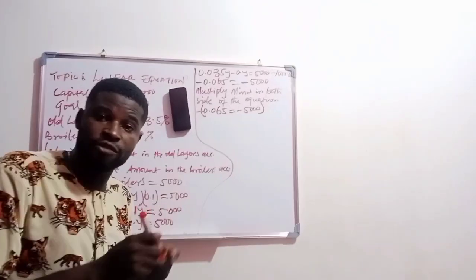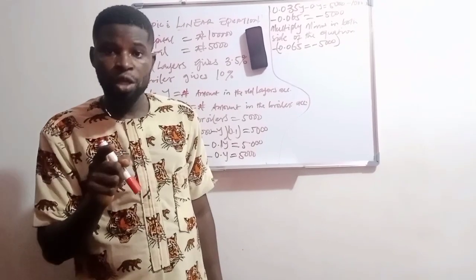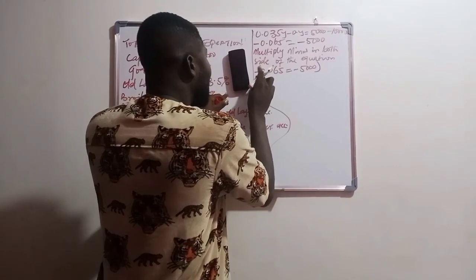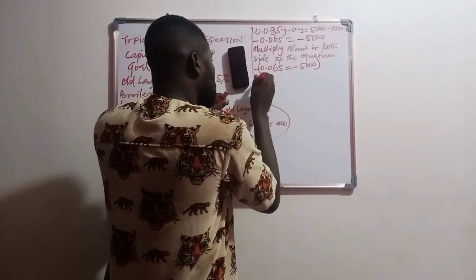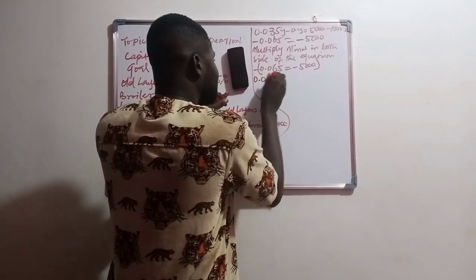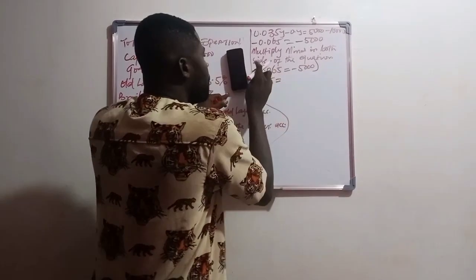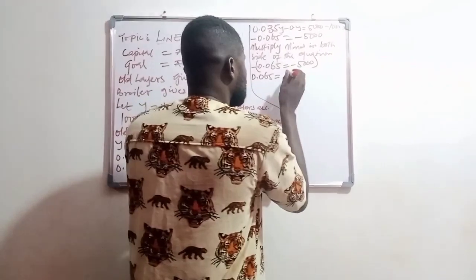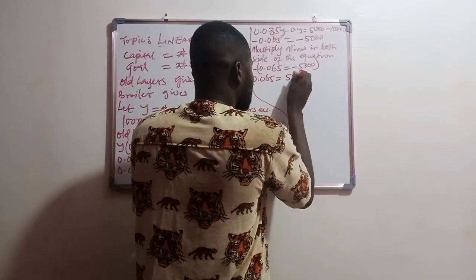Minus gives us a plus, plus gives us a plus, and minus plus gives us a minus. Now, minus will give us a plus, which is equivalent to 0.065y equal to minus multiplied by minus is equal to plus, which is the same thing as 5,000.